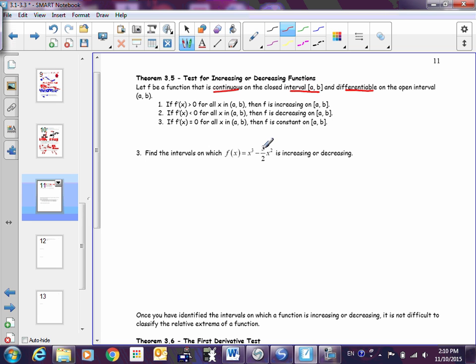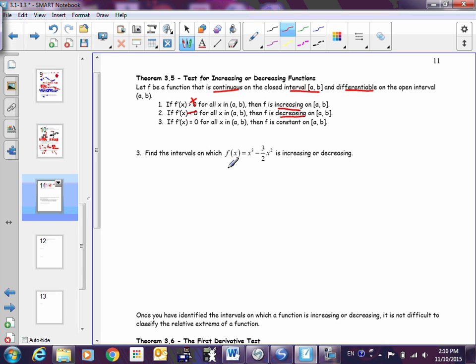It's all the same stuff that we've been talking about. So number 1 says if f prime is greater than 0, or you could put a plus sign there, if f prime is positive, then f is increasing. This is kind of like the converse of what we just said. Or the inverse? No, converse. 2 says if f prime is negative, or less than 0, then f would be decreasing. And if f prime is 0, then f is constant.